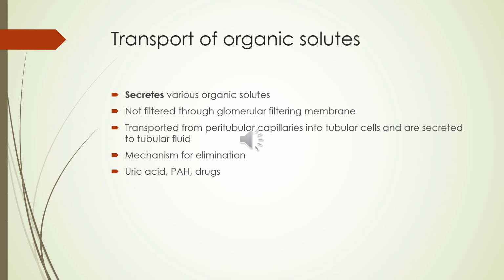Later, by the time they reach the peritubular capillaries, they will be transported into the tubular cells, and from the cells they will be secreted into the tubular fluid. This acts as an important mechanism for the elimination of such substances from the body, which includes waste products of metabolism like uric acid, certain drugs, para-aminohippuric acid, etc.